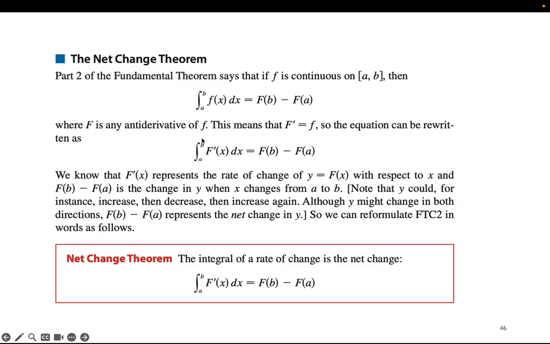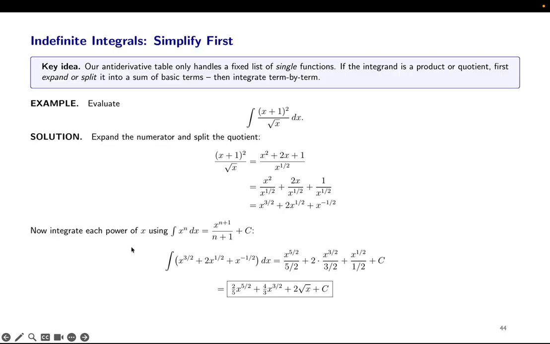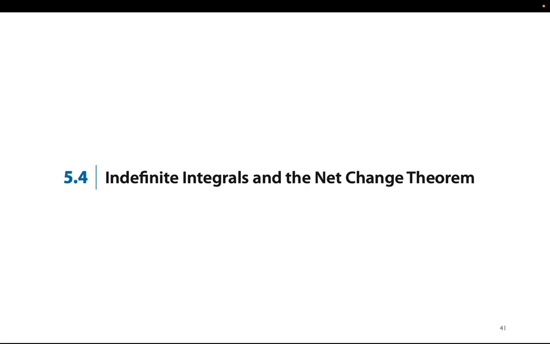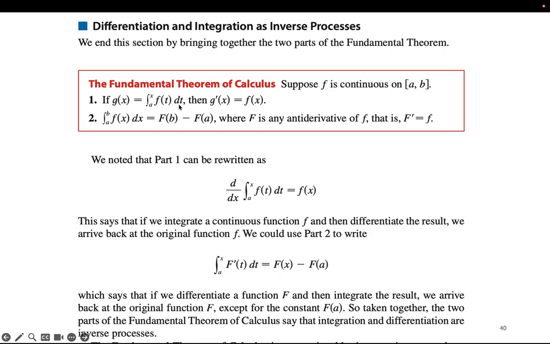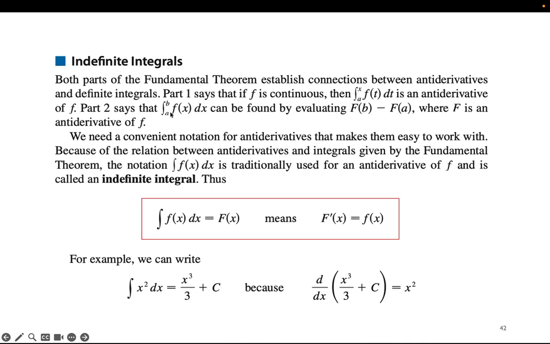And then one last thing I want to point out is this is called the net change theorem. This is the same thing as the second part of FTC, the fundamental theorem of calculus part 2. If I want to find a definite integral, I just find an antiderivative, plug in the endpoints and subtract.